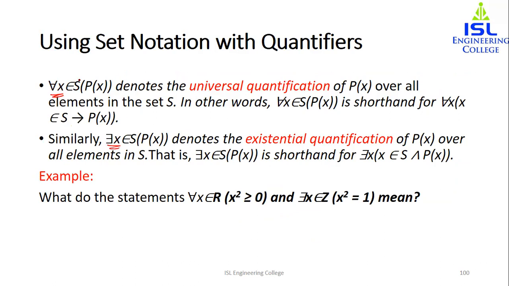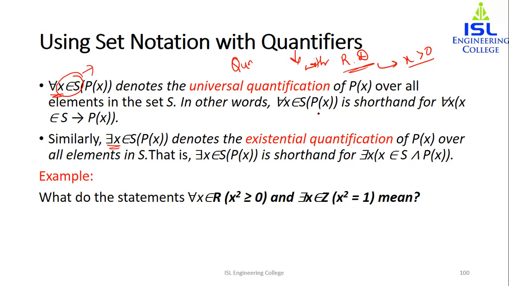So if x belongs to the set S and P of x denotes the predicate, then this denotes the universal quantification of P of x over all elements in the set S. This we have studied in the earlier class, that is quantifiers with restricted domain. The domain was restricted to maybe natural numbers or x being greater than 0. The only difference over here is x being in the subset S.